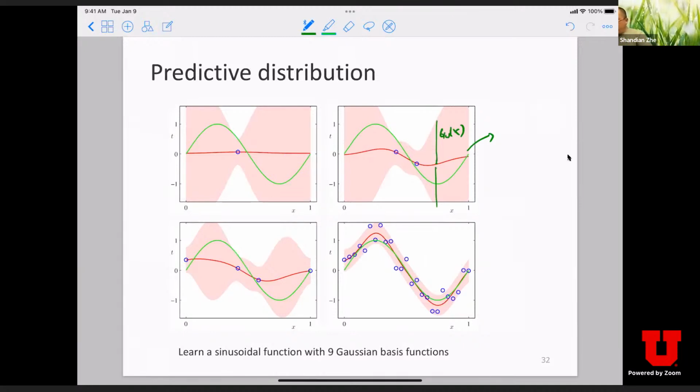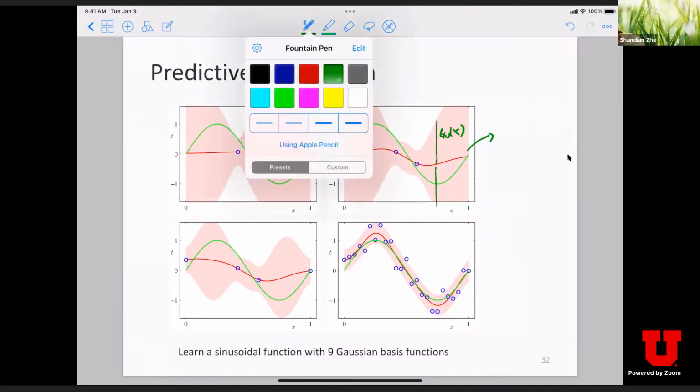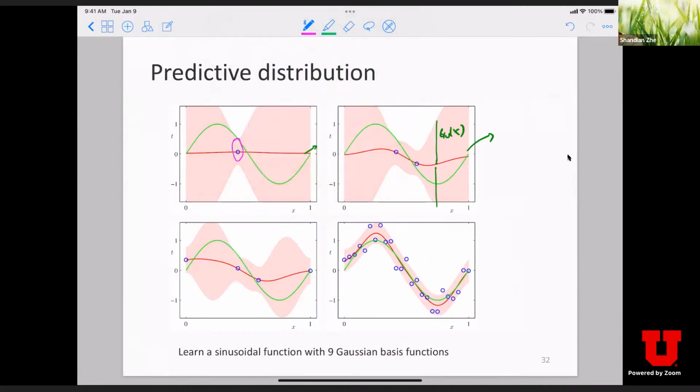So at the beginning, if we only observe one data point, you can see that the mean of your predicted distribution is kind of like a flat line. It's far away from the ground truth. At the places close to the observation, the predictive variance is relatively small.